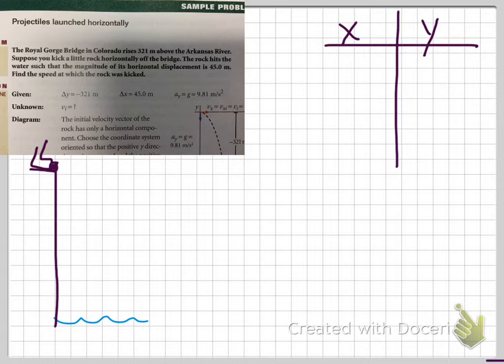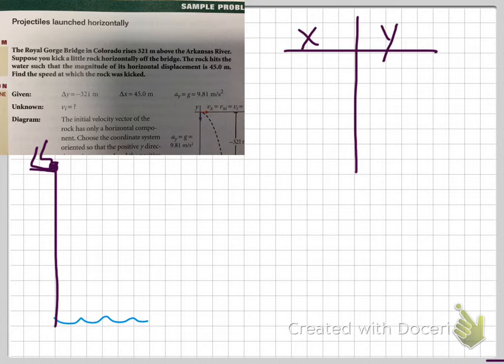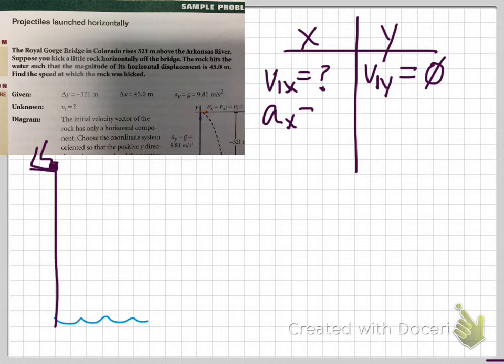So to start off, I'm going to list all the variables that I'm aware of. I know that it's kicked, so v_iy equals 0. v_ix is what I would like to know. Now let's talk about acceleration. Acceleration on the x-axis equals what? 0.